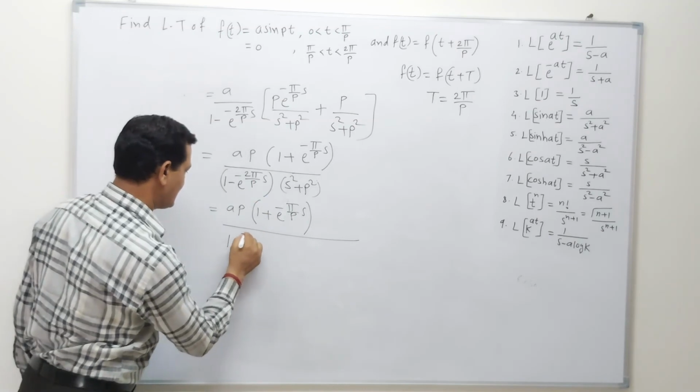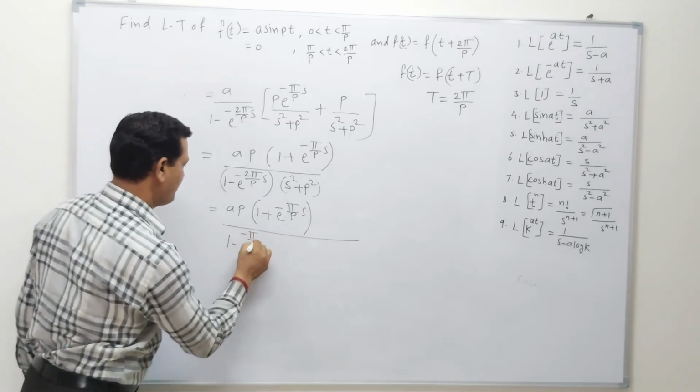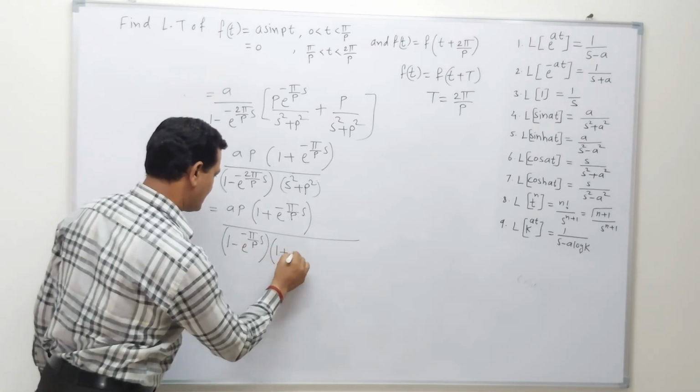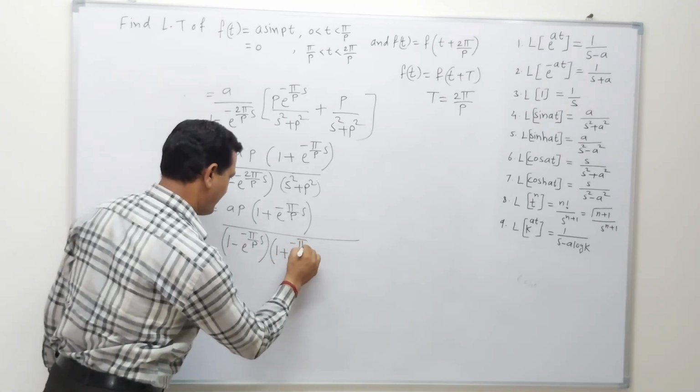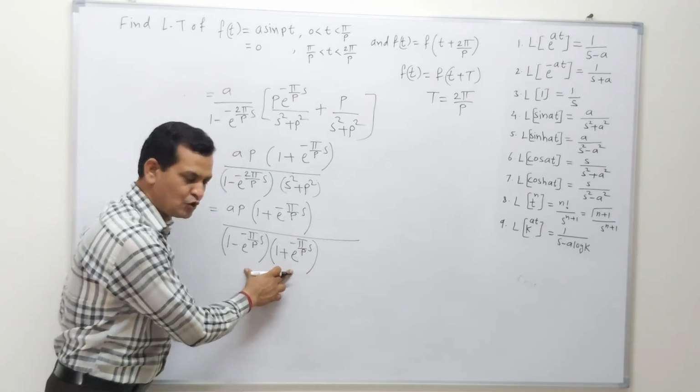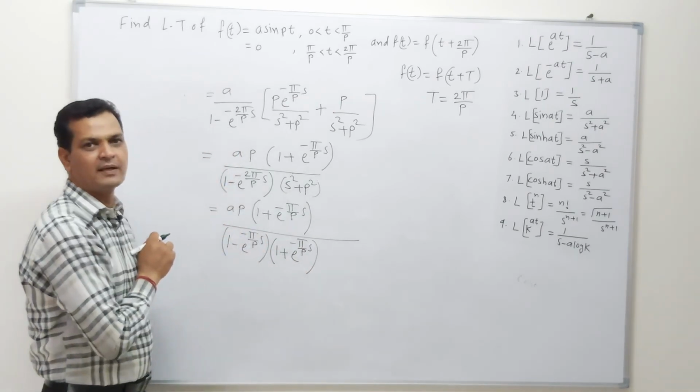We can write this as e raised to minus pi upon ps, this is the first term, then plus e raised to minus pi upon ps, so that after taking the product of these two we get the original number as it is.